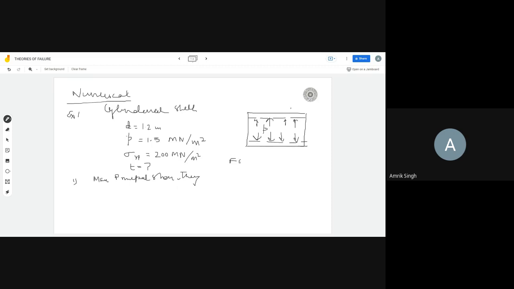The factor of safety is given as 3. So we have to find the thickness. We'll calculate first the hoop stress, that is sigma c or sigma theta equal to PD upon 2T.